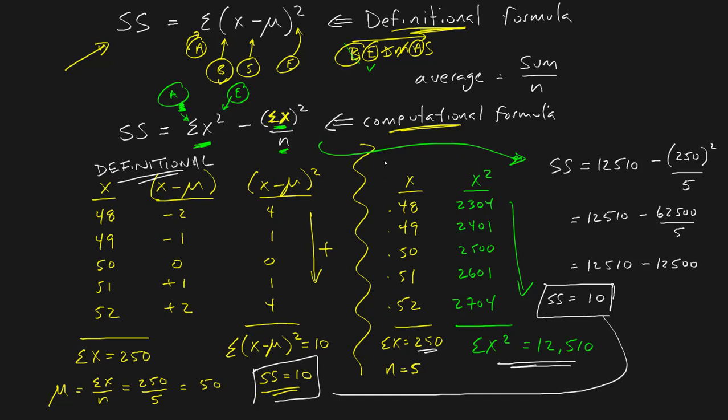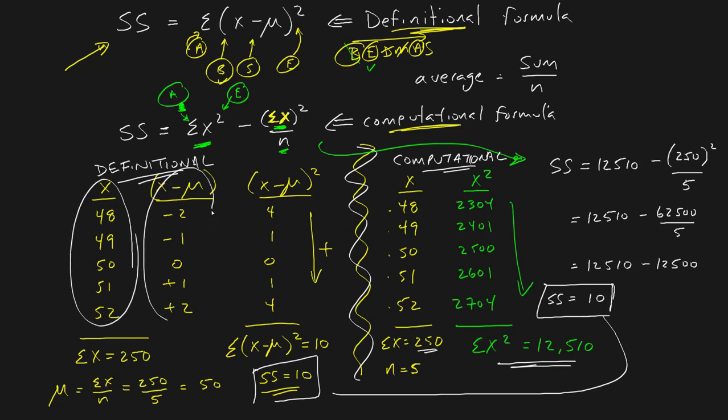Over here on this side of the squiggly line, we have the computational. Now remember what I said was that the computational's reason for existing is to allow you to do less work. When we were dealing with the definitional formula, we had to work with our raw data, then we had to find deviations, then we needed a third column to square the deviations.